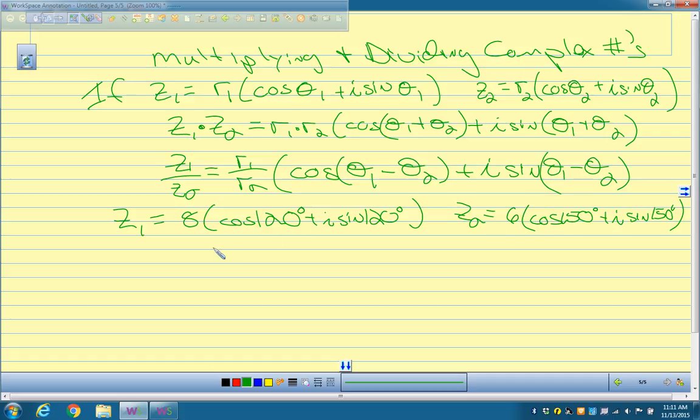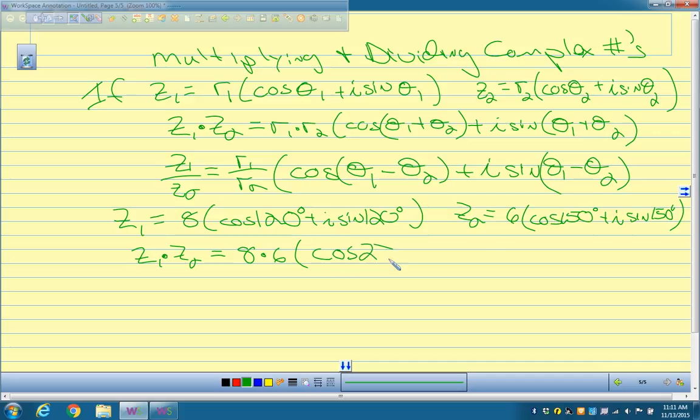then Z1 times Z2, if I multiply those two complex numbers together, I get 8 times 6, that's R1 times R2, times the cosine, and then I add the two angles together.